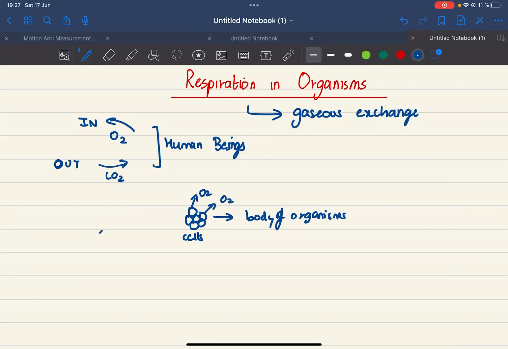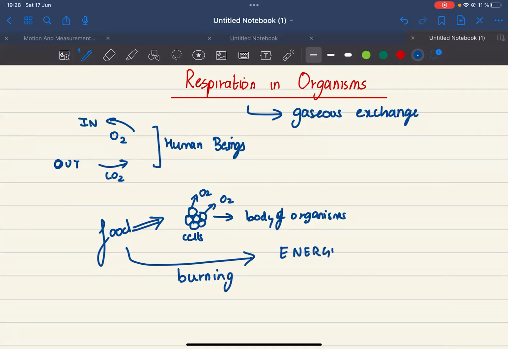Every food that you consume reaches the cells, which helps in the function of the whole body of the organism. This food is used by your body to provide you with all the energy. In the sense, this food is burnt. It is a burning of food in order to provide you with energy. This burning of food is nothing but respiration.